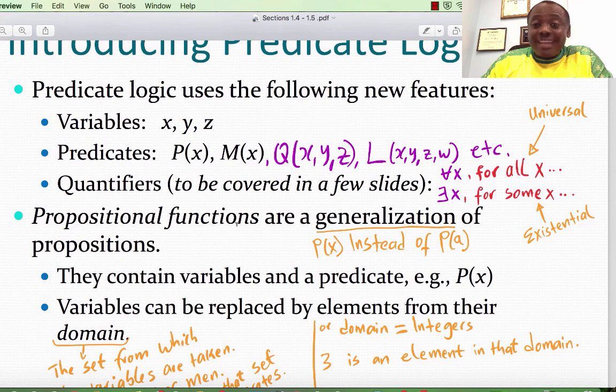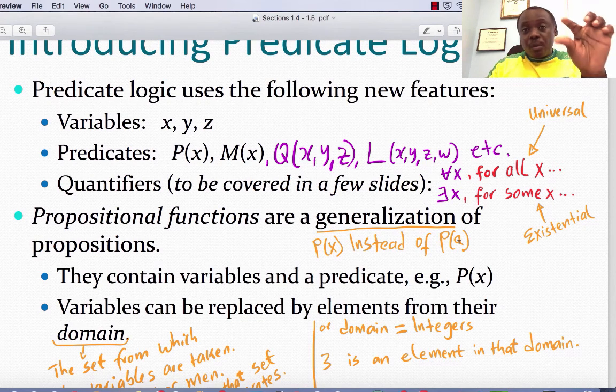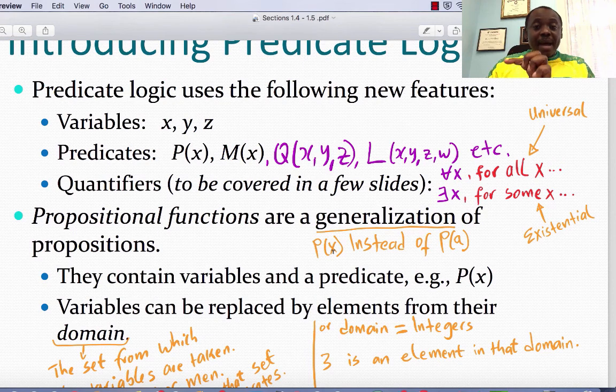Propositional functions are a generalization of propositions. P of X instead of P of A. P of A is a particular example. A is just an example from the domain, and I'll explain what a domain is. P of X is the general statement. For example, all men are mortal. That's P of X. X represents any man. P of A, in this case, A is Socrates.